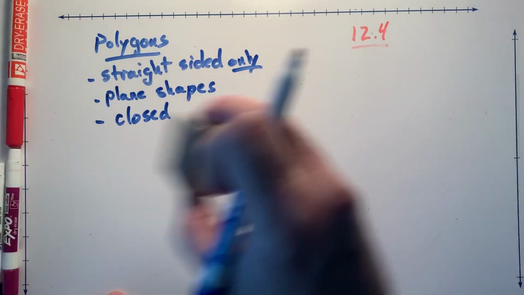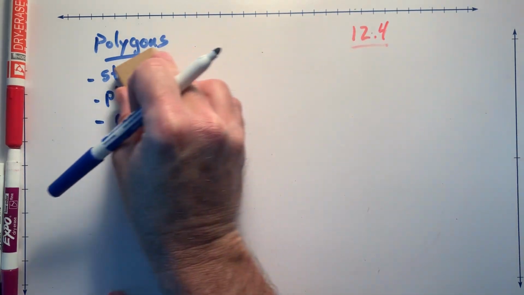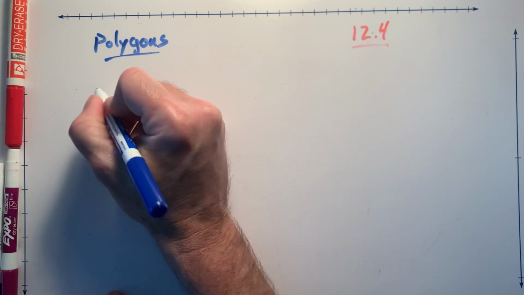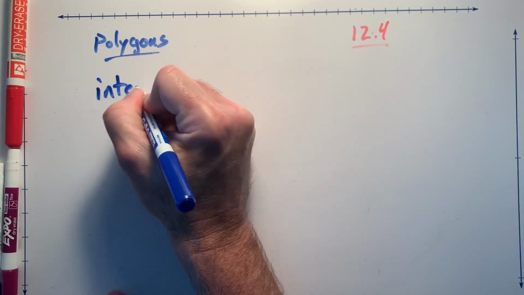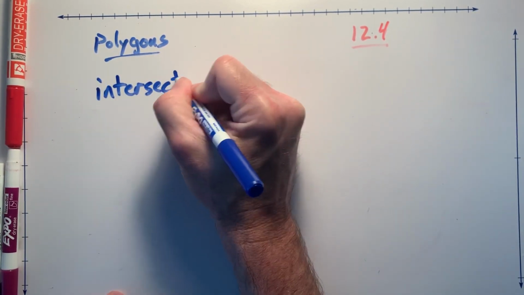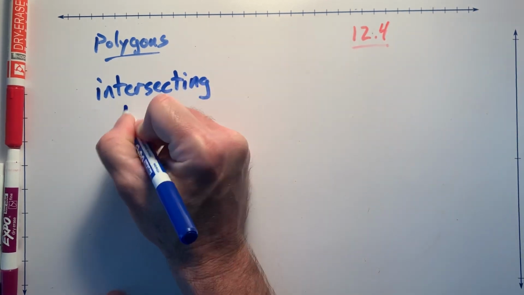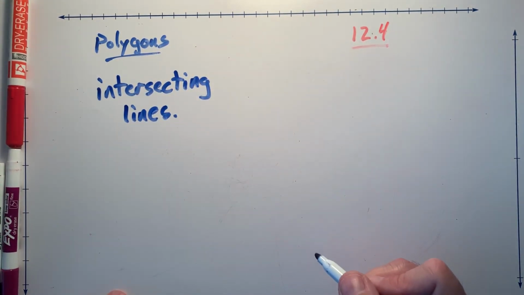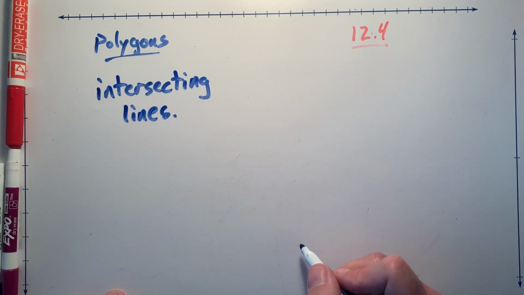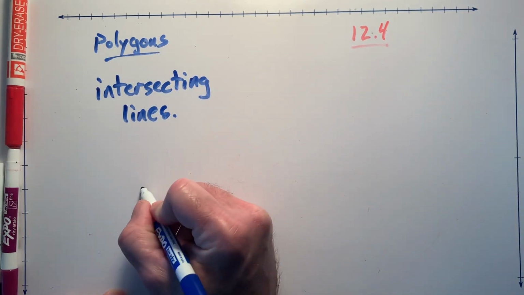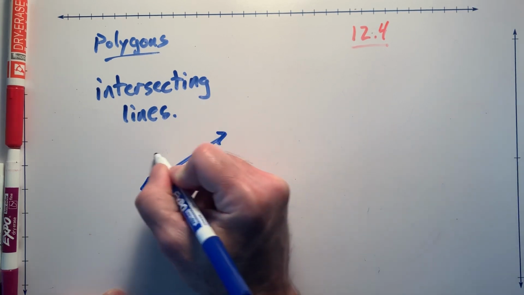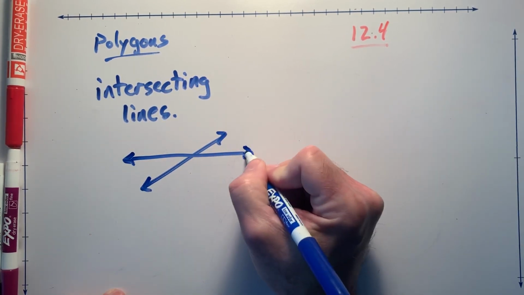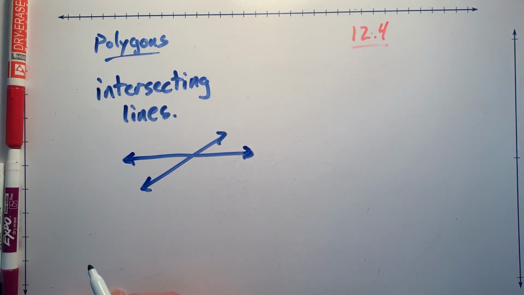So let me erase this here. Intersecting lines. Intersecting lines do exactly what it sounds like. They intersect. So these would be intersecting lines. Notice I have once again drawn the arrows on the ends.